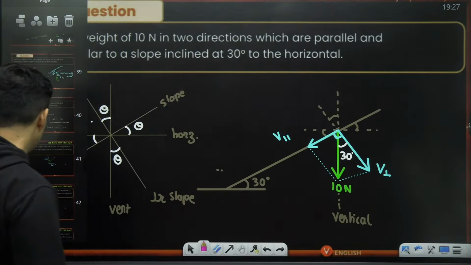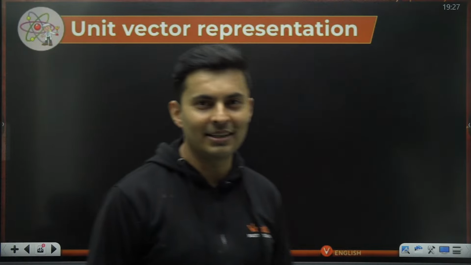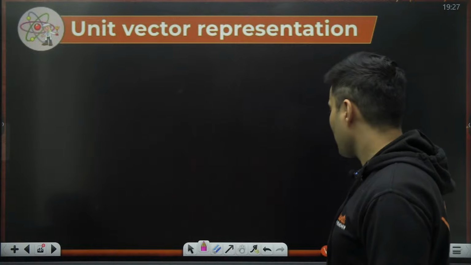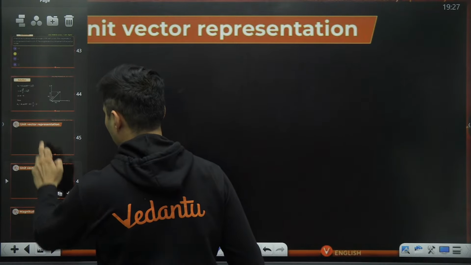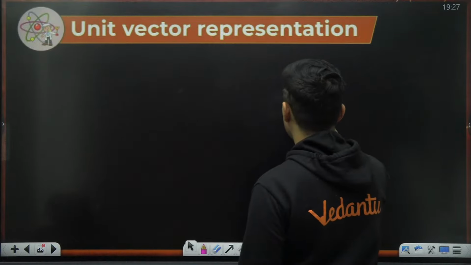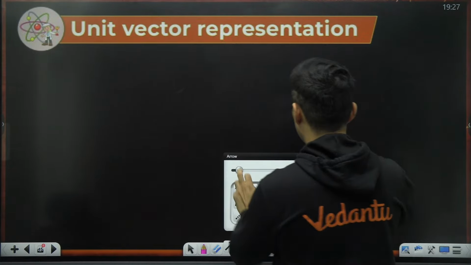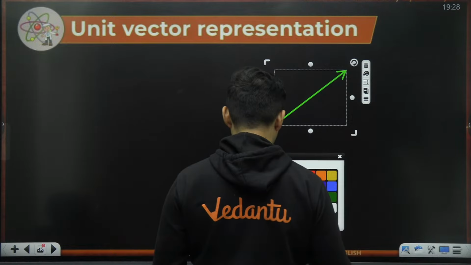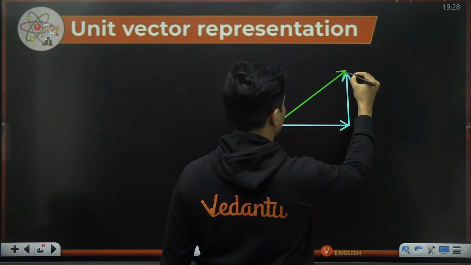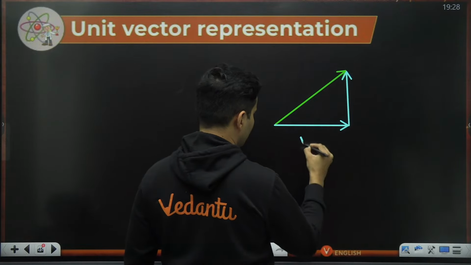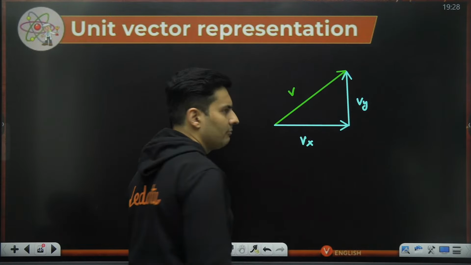All right. Moving ahead now to the final unit vector representation, and this is the best part of it. See, look at this. If there was a vector like this, and I told you, listen, this is the x component, and this is the y component, and this was the vector itself.